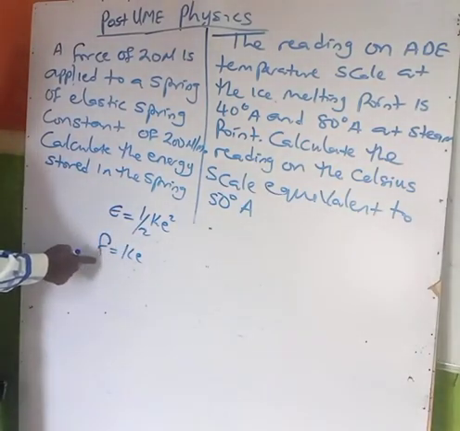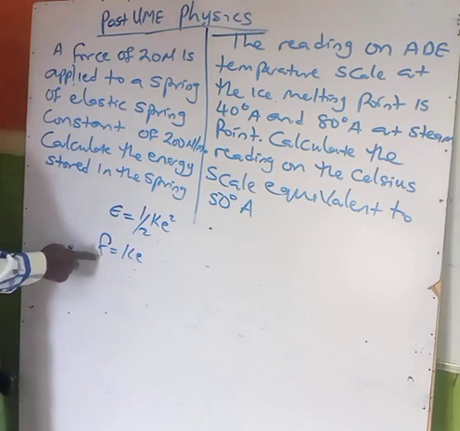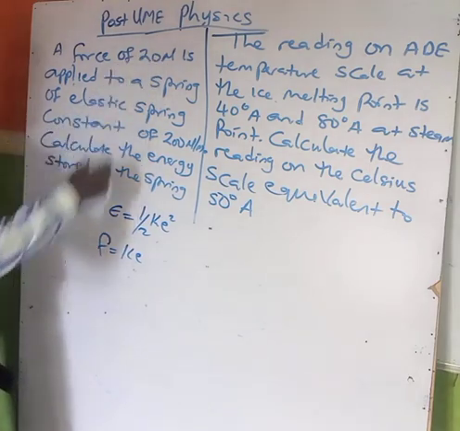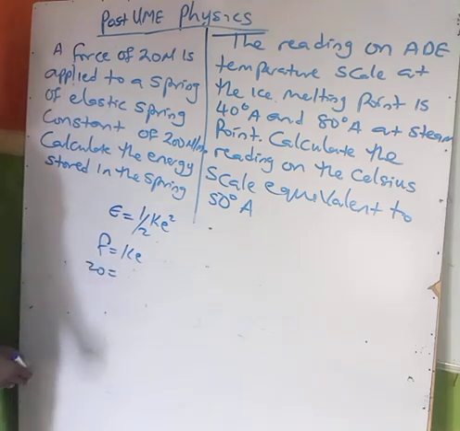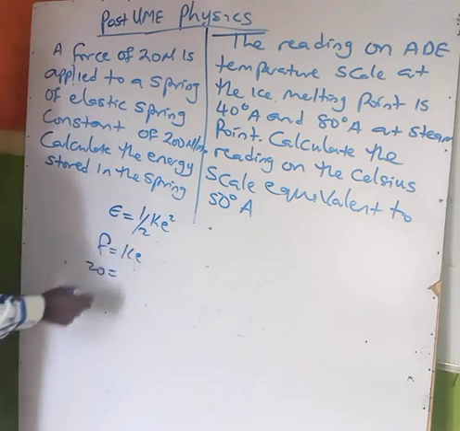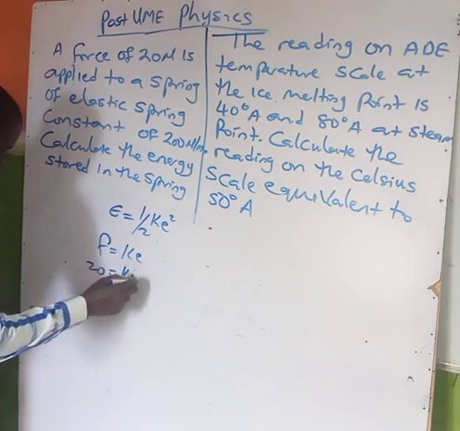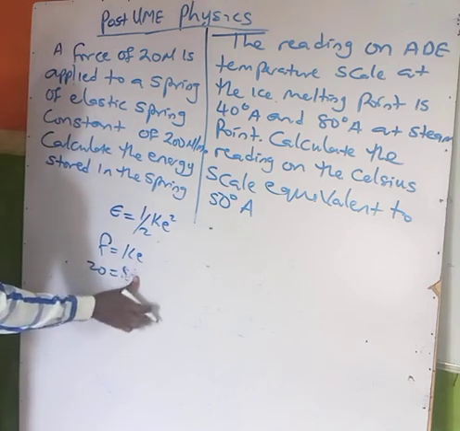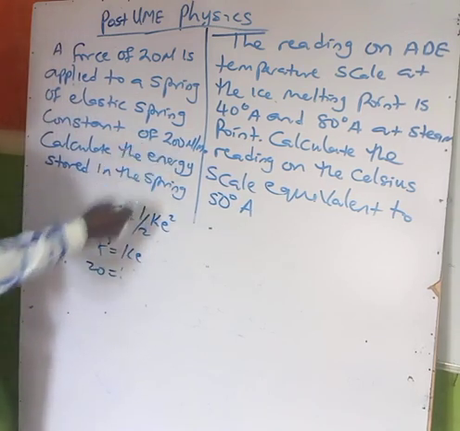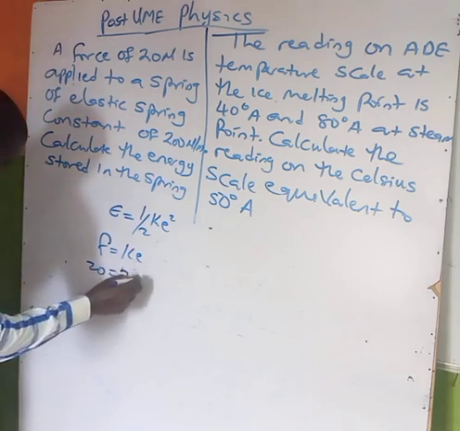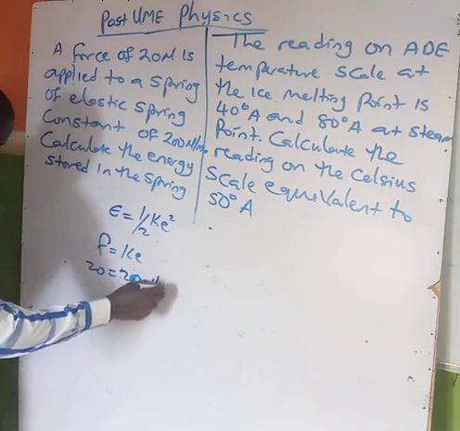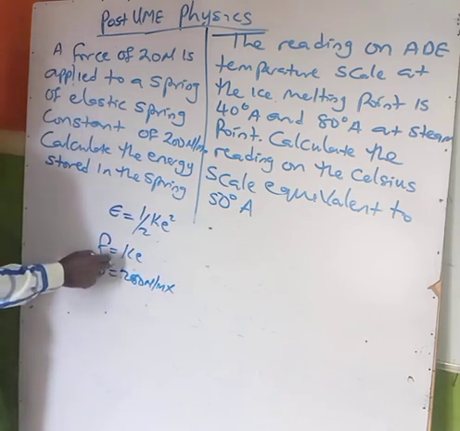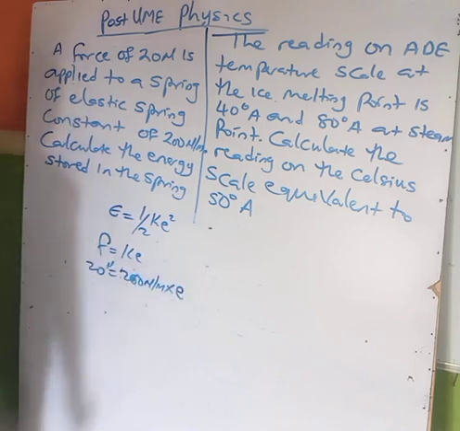So what you have here is force, which here is 20 Newton, equal to k times e, where k is the elastic constant, which is 200 Newton per meter.